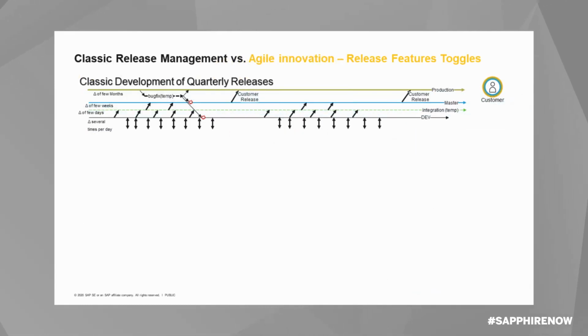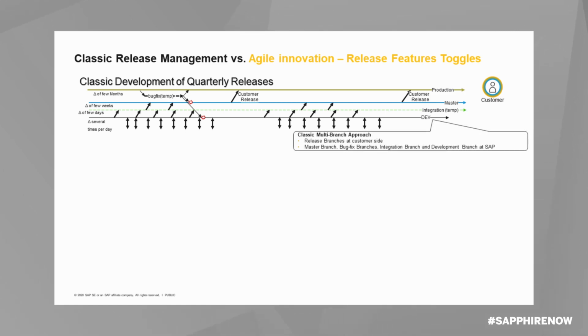Let me explain that in a little bit more detail, so that you really start to see how that new behavior driven by new technology is solving that huge challenge of speed of innovation and quality. In the past, the classical release management was based on classical development, which means every line you see on the screen is a code branch.